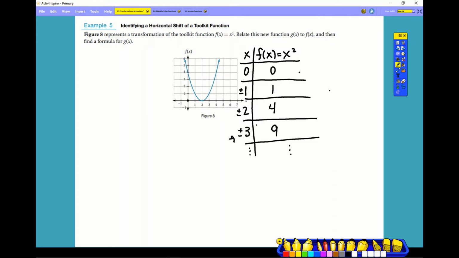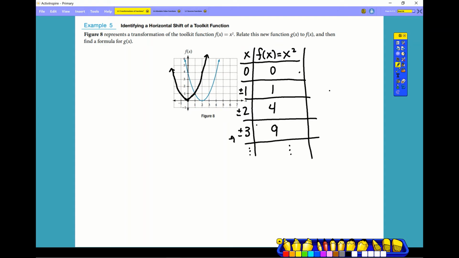So we'll go ahead and plot that. So 0, 0, 1, 1, 2, 4, 3, 9, all the way up at the top there. So I'm just going to do my best. 1, 1, 2, 4, and this one, yeah, something like that. There we go.